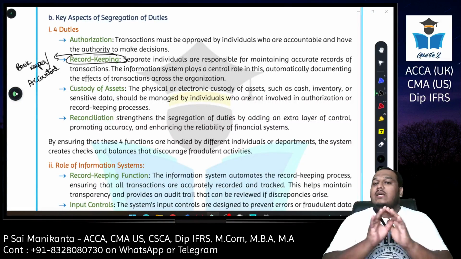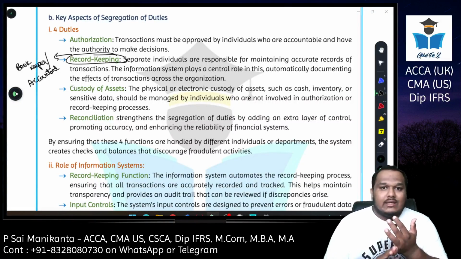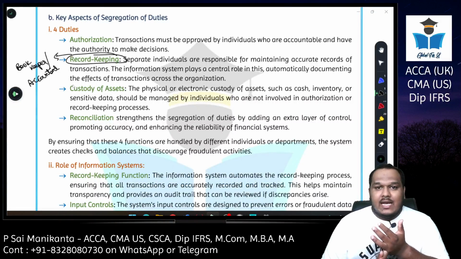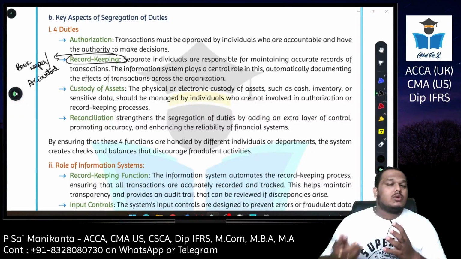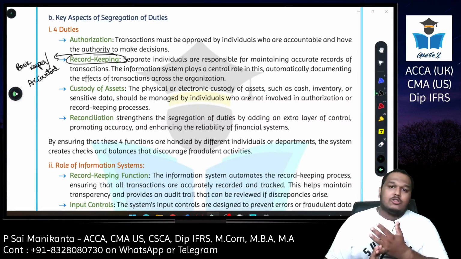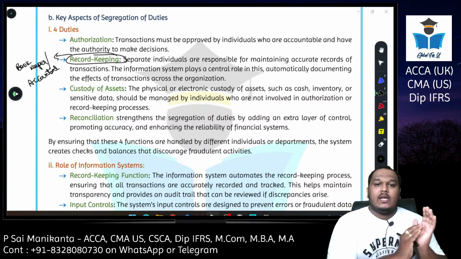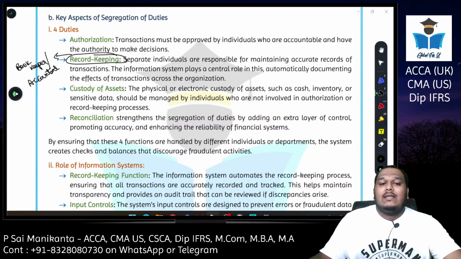They will be recording the transaction. They should not be doing the transaction. They should not have physical access to those particular resources. They should not be authorizing it. They should not be reconciling it. Simple.